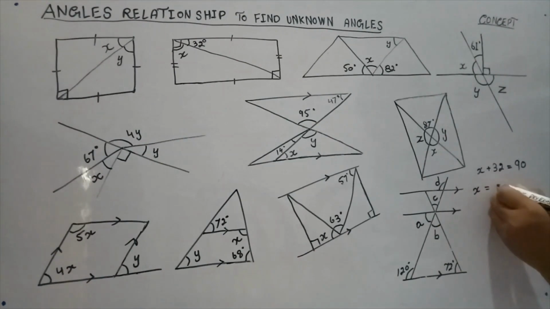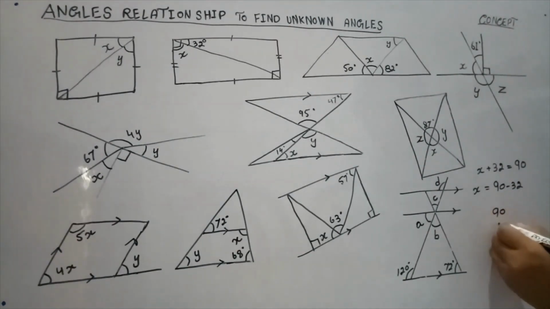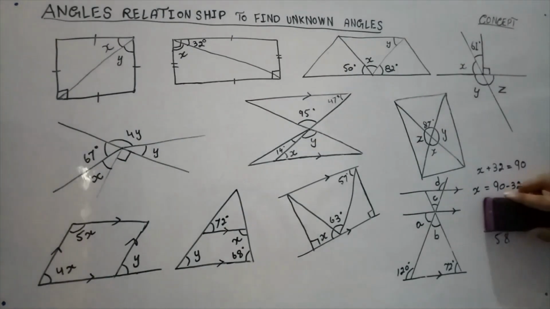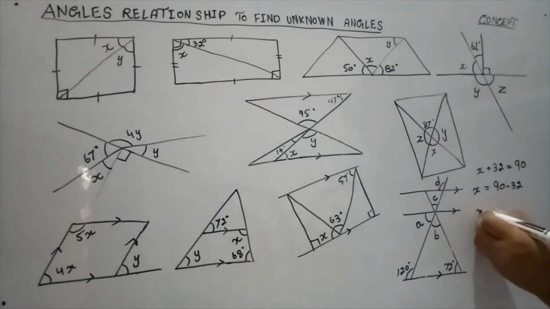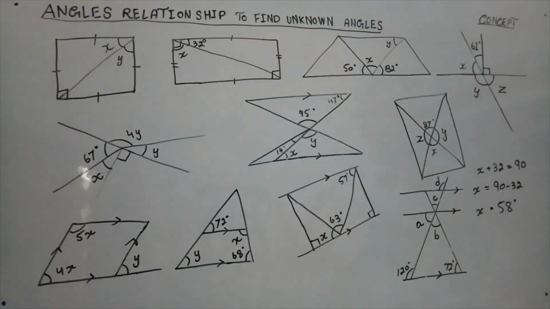Here we are left with X, and on the other side we have 90 minus 32. If I subtract 32 from 90, I will get 58. So angle X will be equal to 58 degrees. Clear?